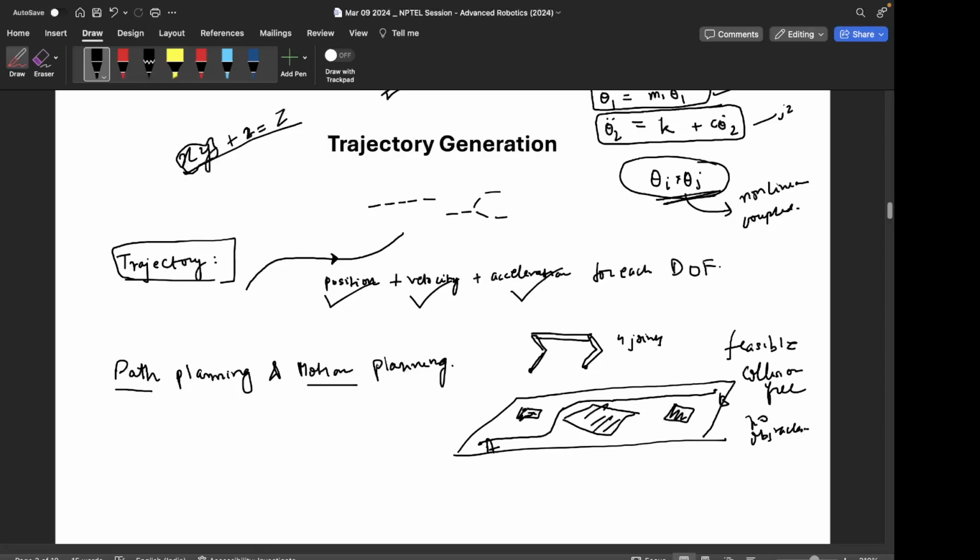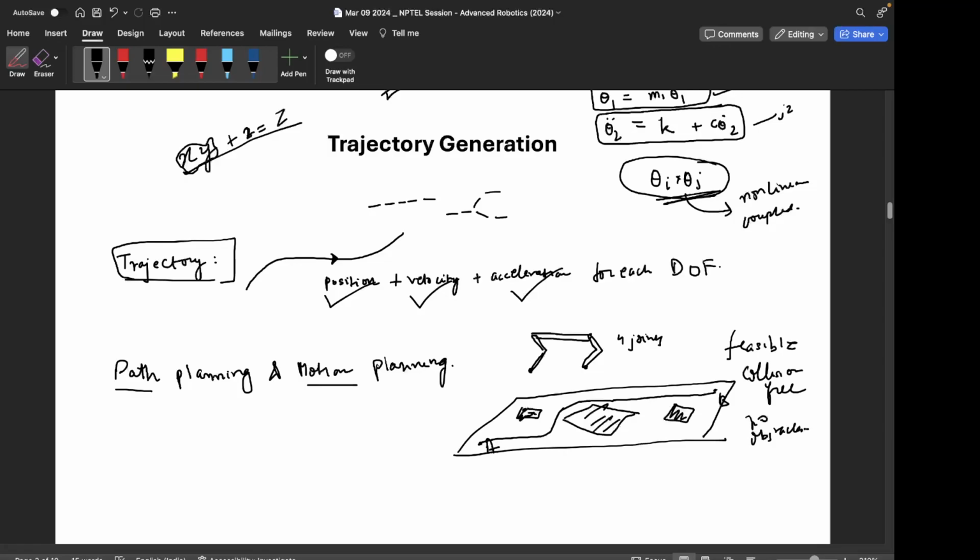There you just move vertically, move horizontally, and then move down vertically again. Let's say a very simple path you planned. That would be the path planning part, but the motion planning part would be how much each joint moves, right? What's the trajectory I have fed to each of the joints in order to execute this path?